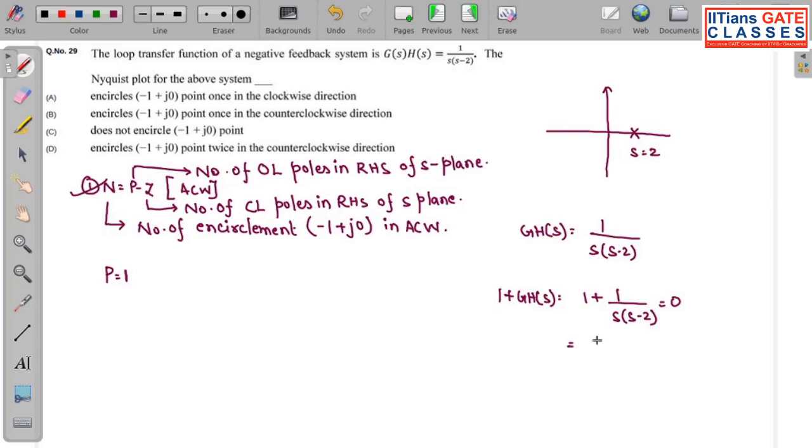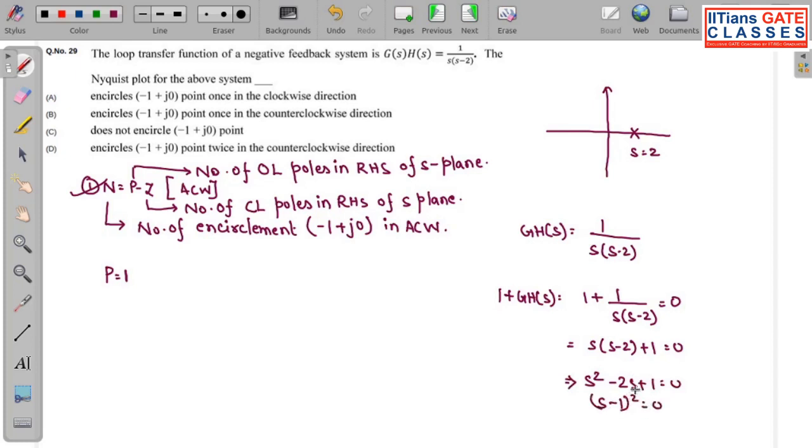So this will be what? So this is equal to (S minus 1) whole square equal to 0.